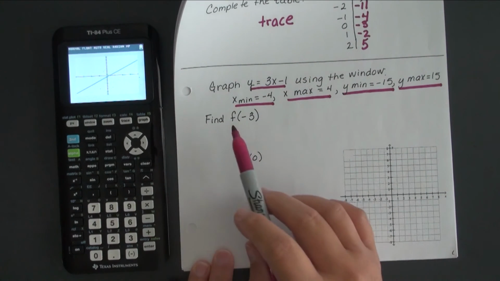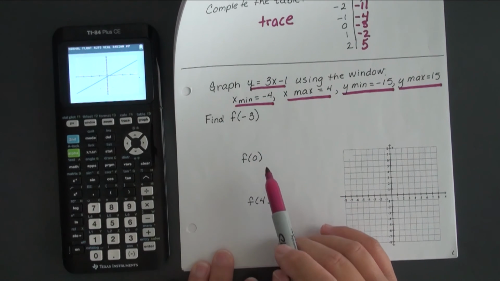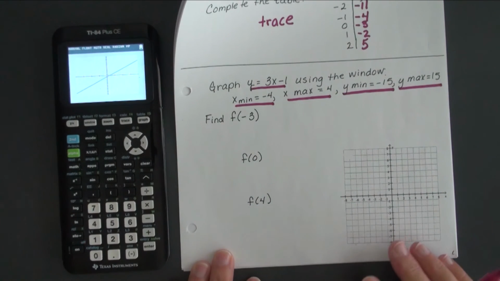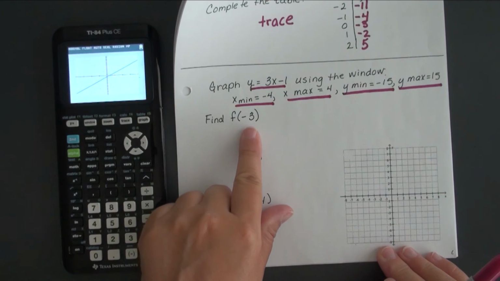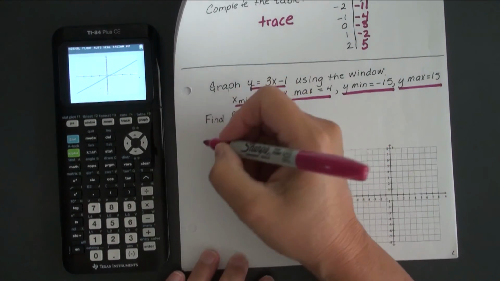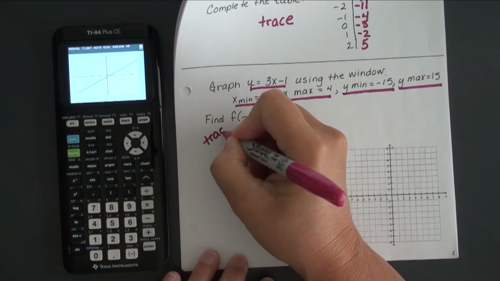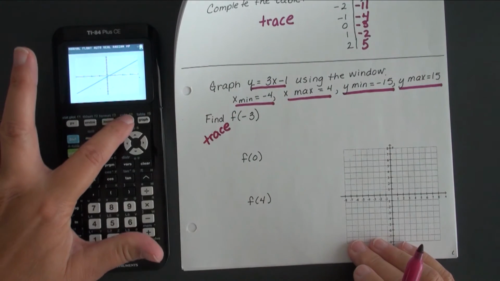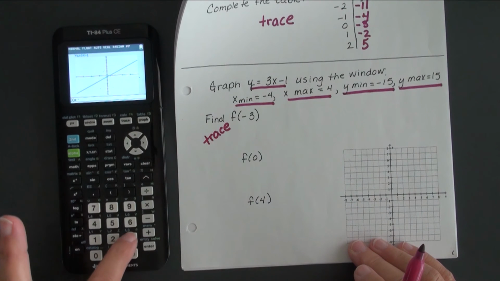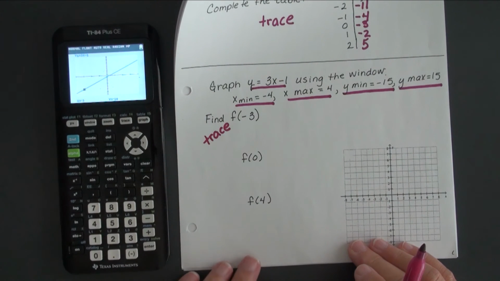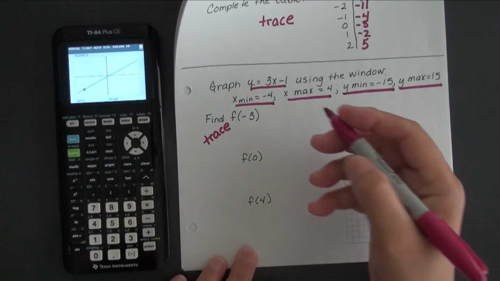So let's find these values, f of -3, f of 0, and f of 4. Now f of -3 means what is y when x is -3. So we're going to just press the trace button again. Trace -3. And we get -10.